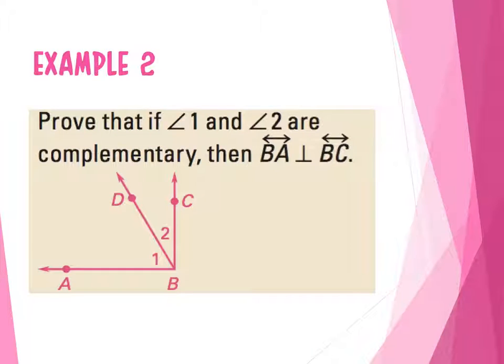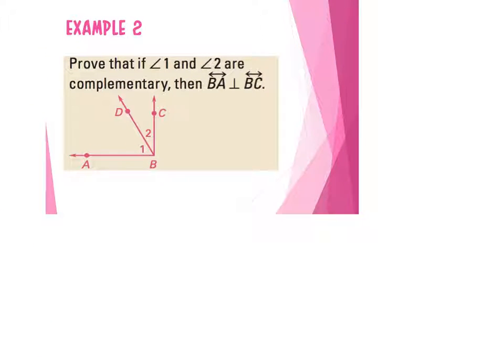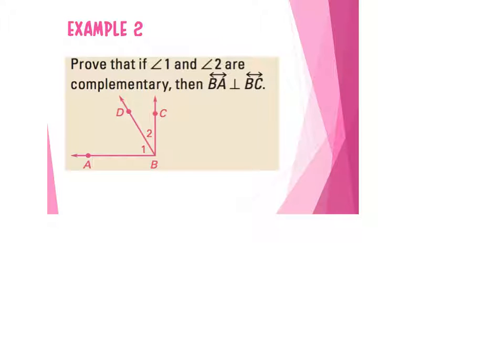All right, let's get to example 2. Here we're going to do a proof for this. So it wants us to prove that if angle 1 and angle 2 are complementary, then BA is perpendicular to BC. So I'm going to write a proof.